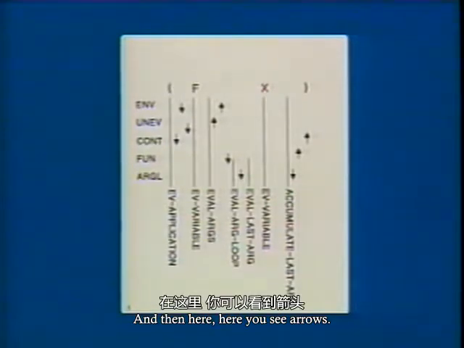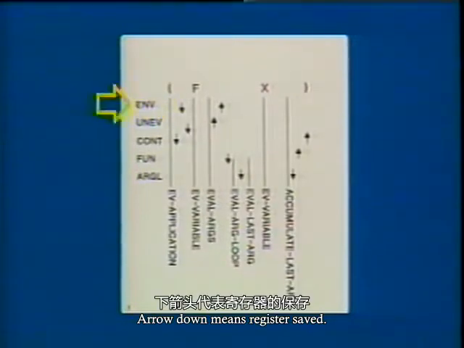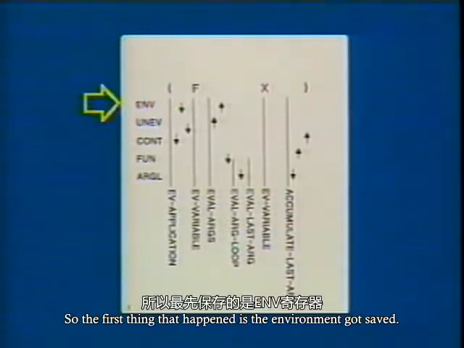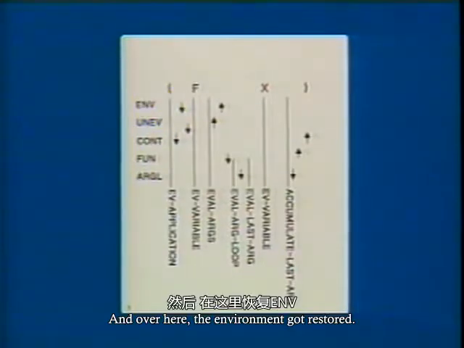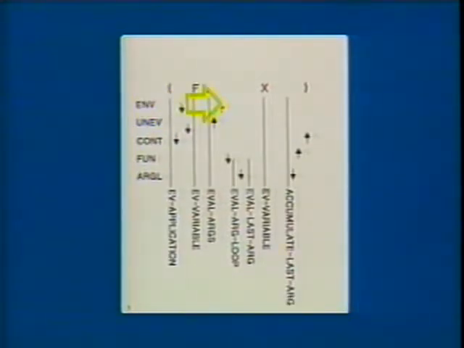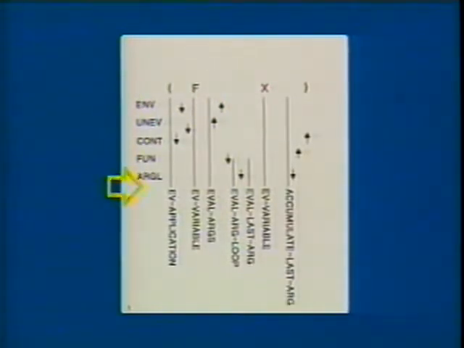And then here you see arrows. Arrow down means a register saved. So the first thing that happened is the environment got saved. And over here, the environment got restored. And so they're all the pairs of stack operations.